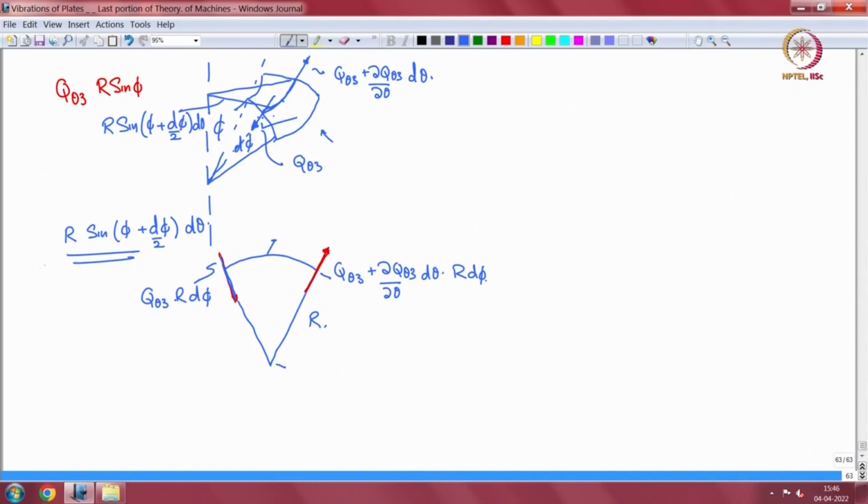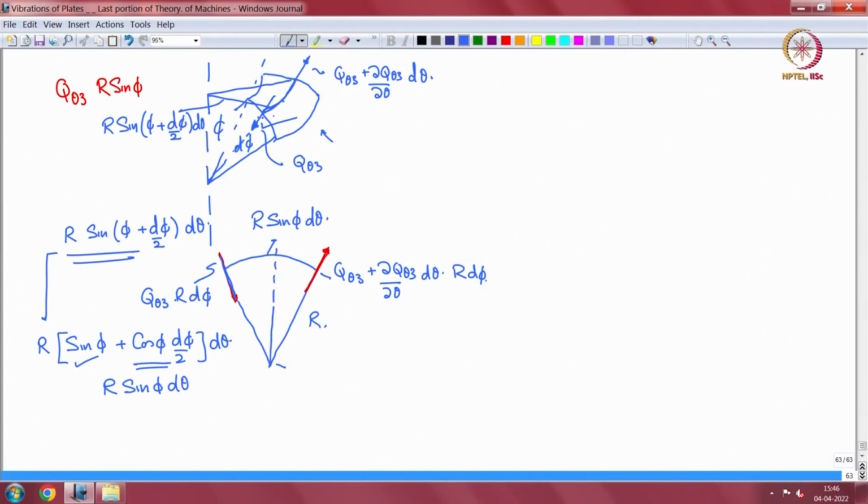Now if I open this one out, I have r sin phi cos of d phi by 2 plus cos phi sin d phi by 2 into d theta, and I will drop this in comparison to this. So it's more or less r sin phi d theta. So that length is approximately r sin phi d theta.